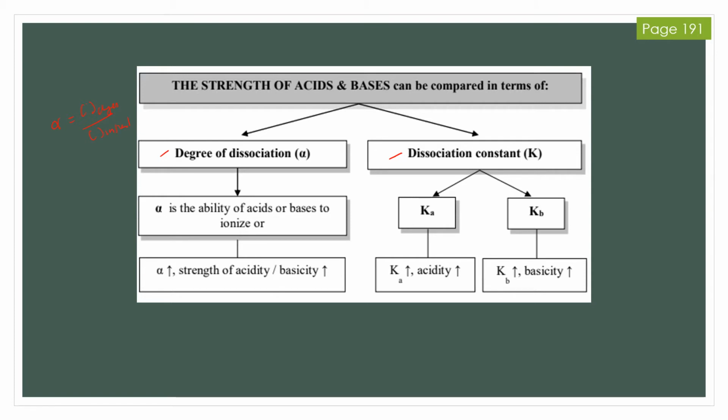Same with the dissociation constant or equilibrium constant that you learned before. Equilibrium constant K equals the concentration of the product divided by the concentration of the reactant. The higher the concentration of the product, the higher the K value. The lower the concentration of the reactant, the higher the K value. This is the same as chapter 6.